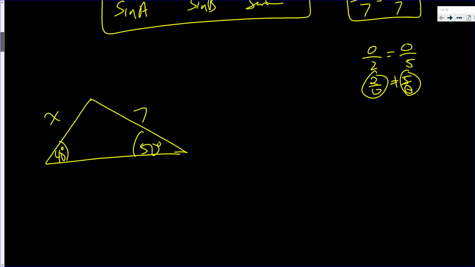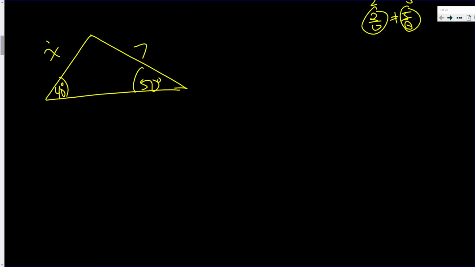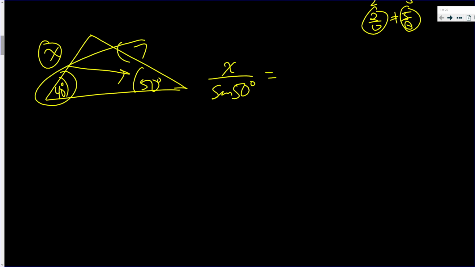Now, in our problem, since we want to find x, which is a side, I'll put x on the top, and then I'll divide x by its corresponding angle, sine of the angle, and we have this pair of numbers. Side over the sine of, in this case, 40 degrees. I would just multiply both sides by sine 50.